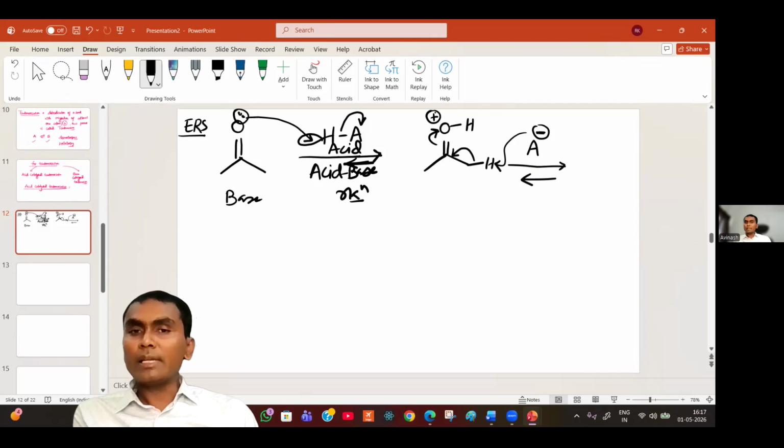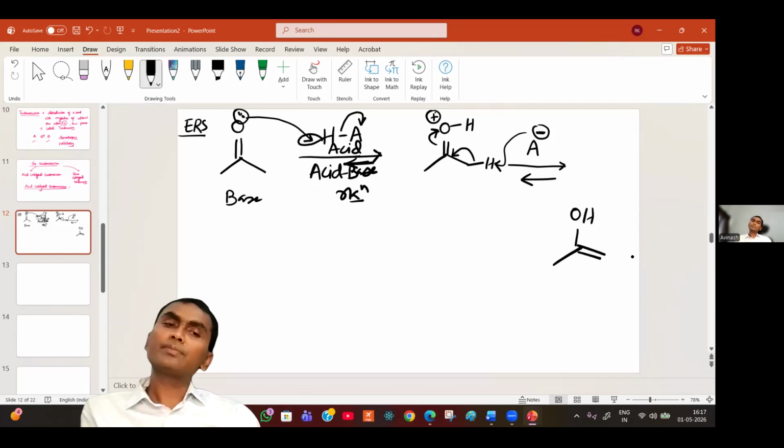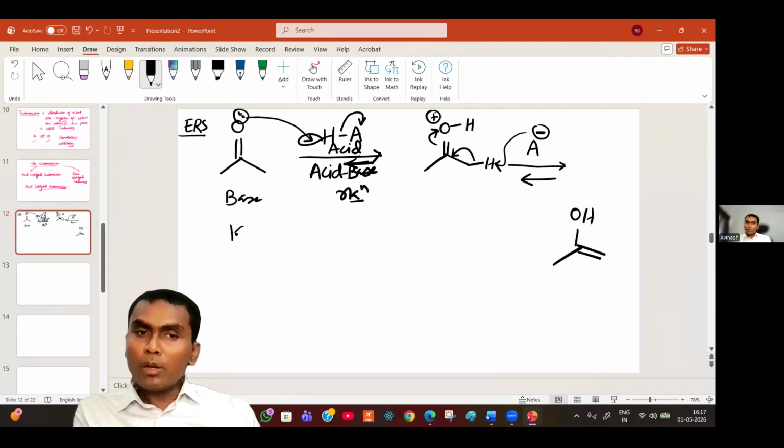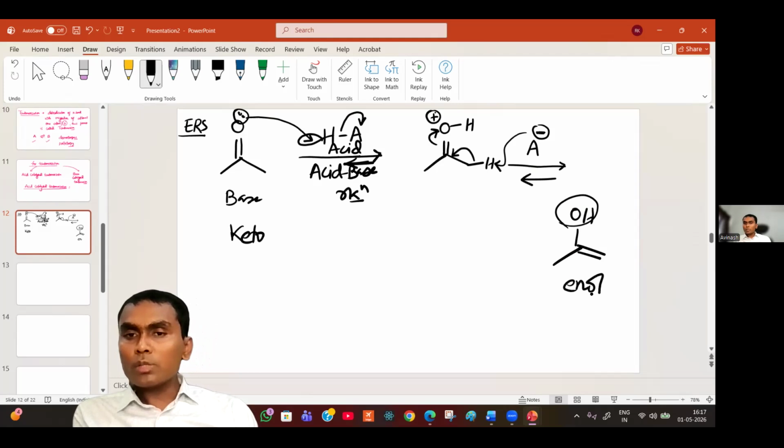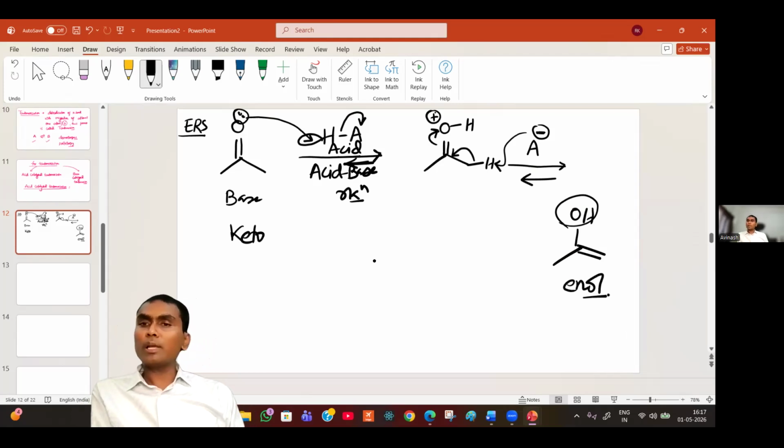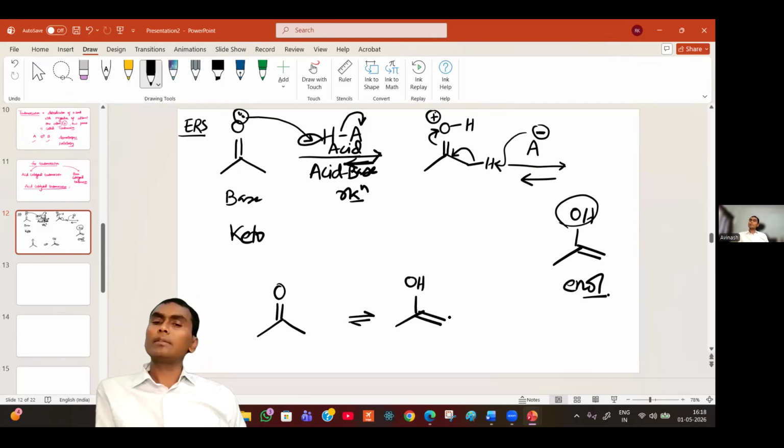So we can see here the O H, double bond. This one is the keto group family, and this one is the enol family: this double bond is the ene, and this OH is the ol. So this is called the enol form. Keto and enol forms are in dynamic equilibrium like this.